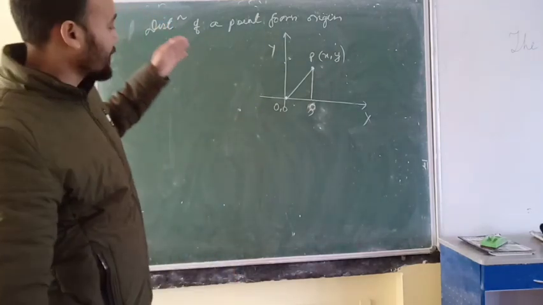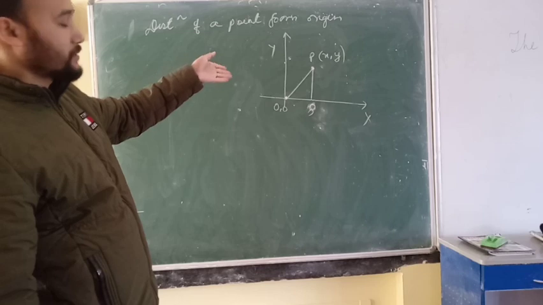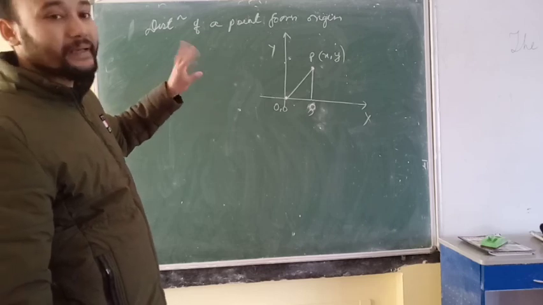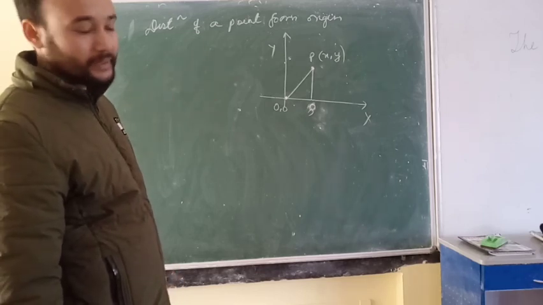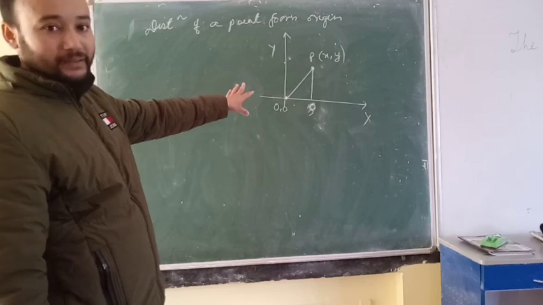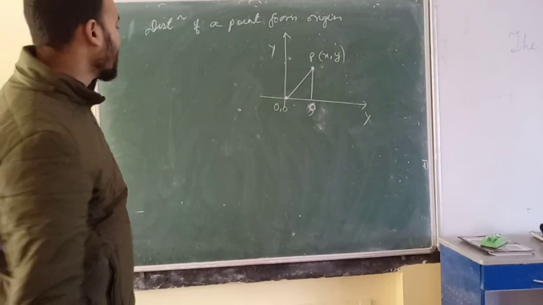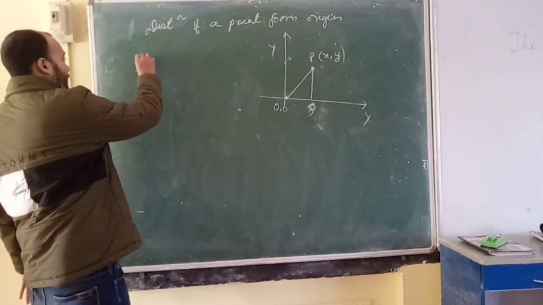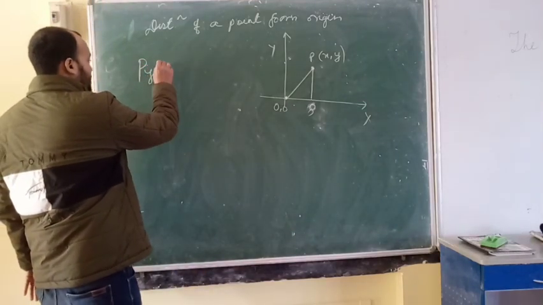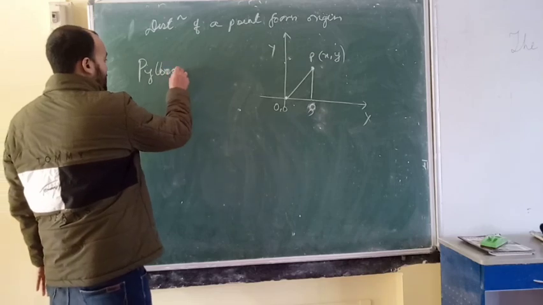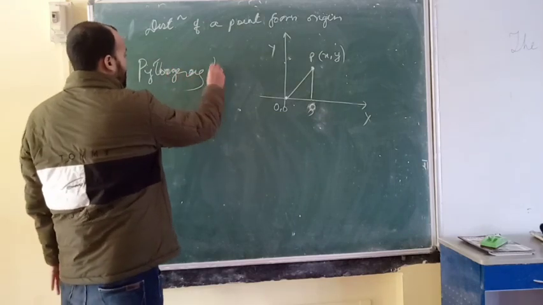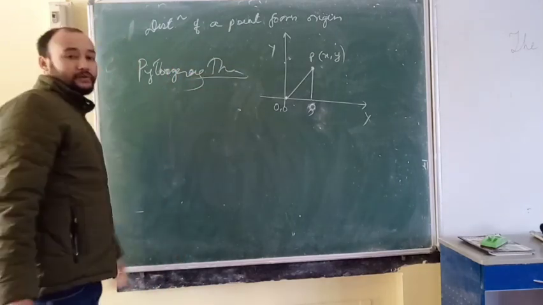Now see, from this diagram, it is a clear right angle triangle. And for a right angle triangle, one thing should come to our mind, that is Pythagoras theorem. So apply Pythagoras theorem.